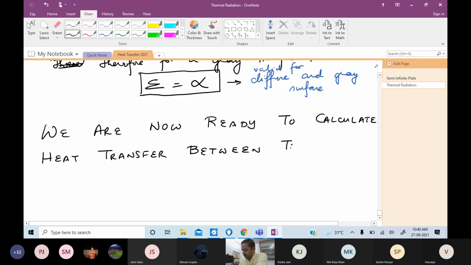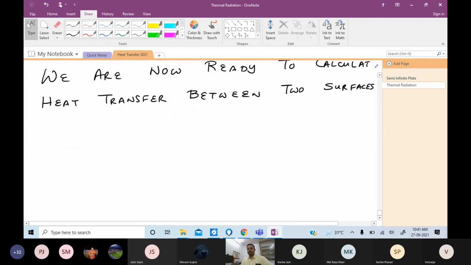Of course, when I say heat transfer, it's heat transfer by radiation.